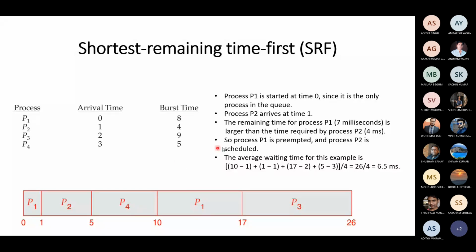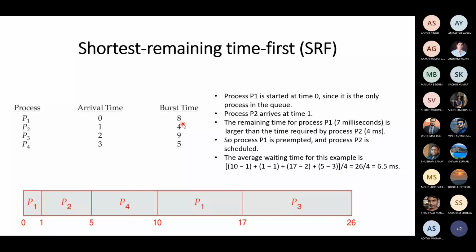But we also try to understand that shortest job first and shortest remaining time first, both of these approaches are practically not possible, because we need to have an idea of the burst time in advance. We will never know in real time how much a process will take to finish execution.